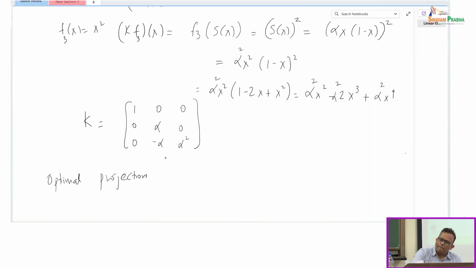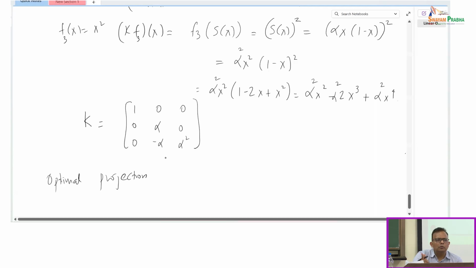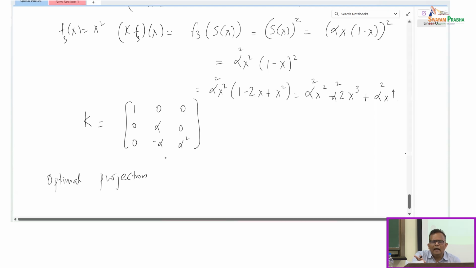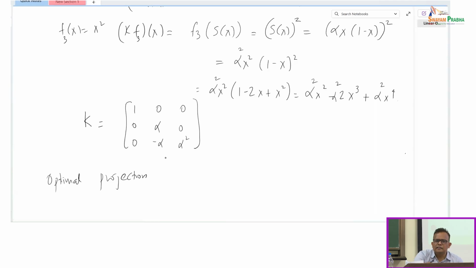Just like what Arun talked about, he spent quite a bit of time yesterday on this flow of a dynamical system. You have x dot equals f of x, you have the flow of a dynamical system.